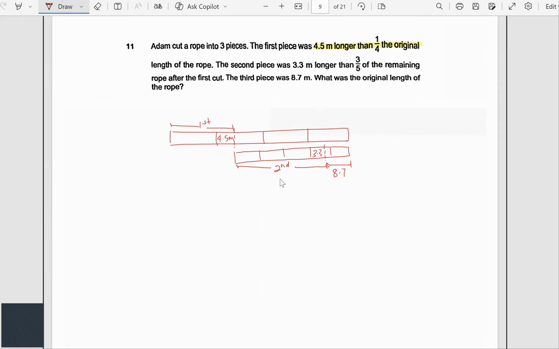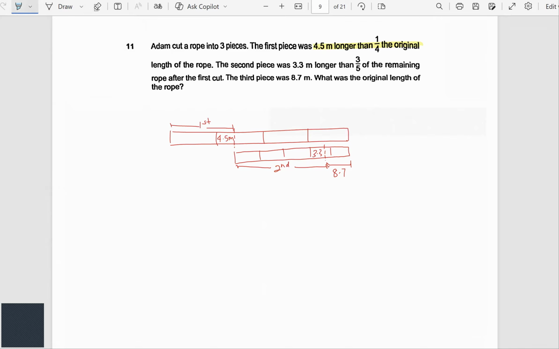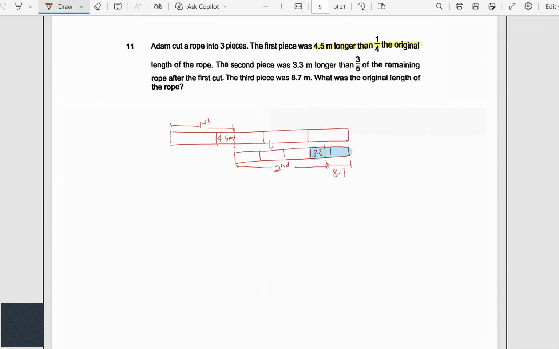So the first thing we should find is this part here. So that is 3.3 plus 8.7. Okay, that's 12. And 12 is 2 units.